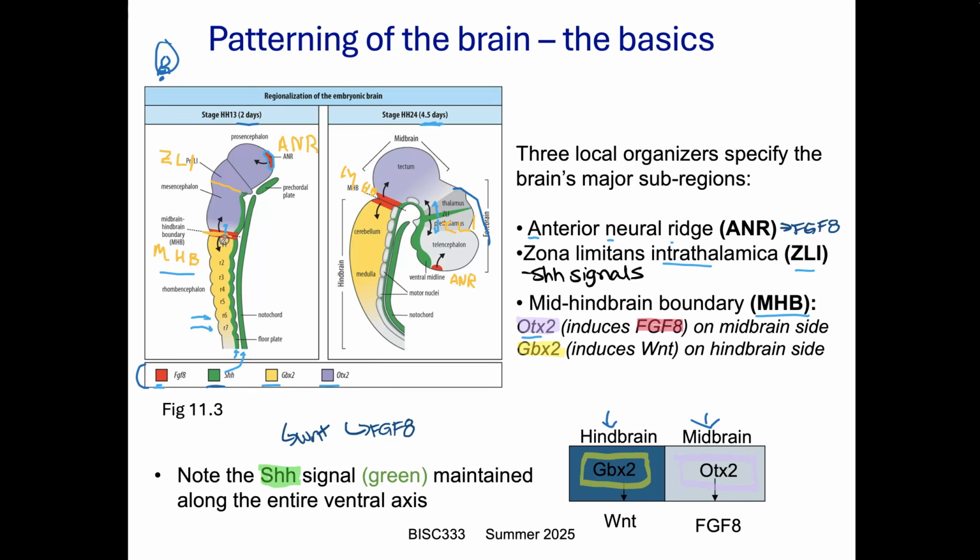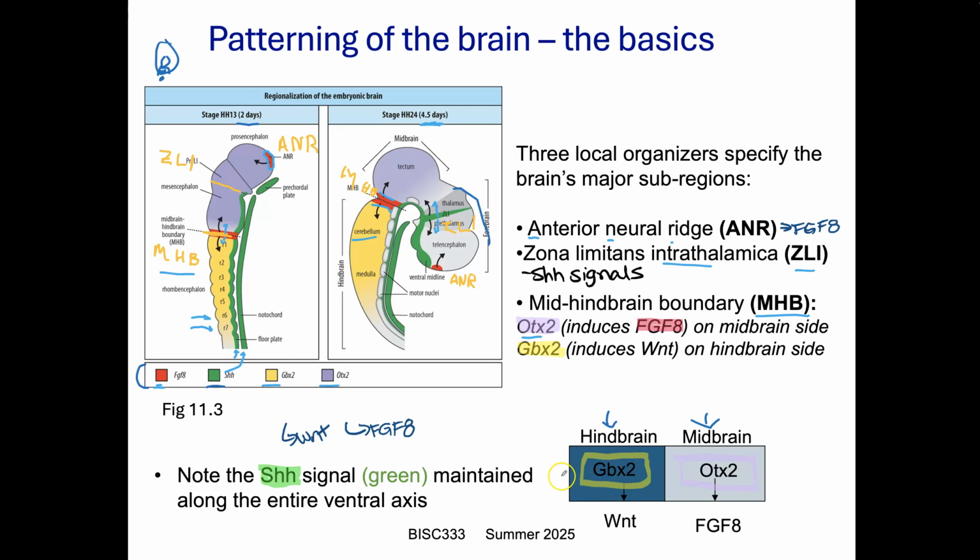It's creating this very distinct boundary between the OTX and the GBX expressing cells, so that the midbrain is forming a structure called the tectum. The hindbrain is developing the medulla and the cerebellum. And the cerebellum, you may remember, is for balance and motor control. And I think that is really all I would like you to remember.